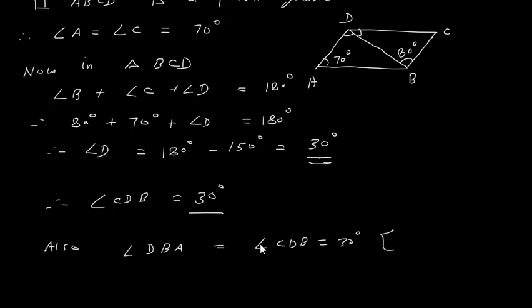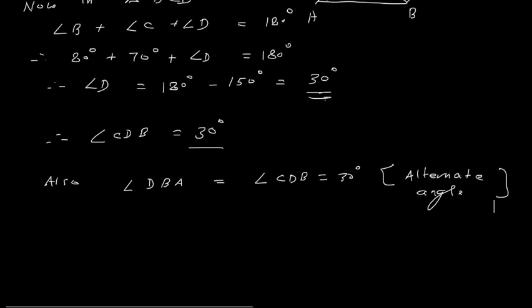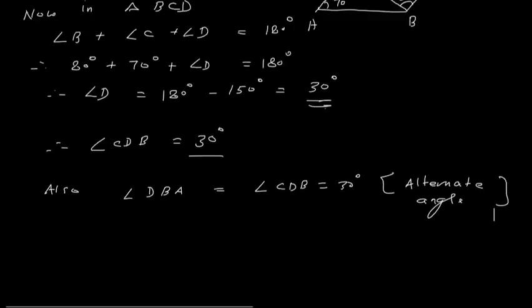Now the reason for this is alternate angles. This ABCD is a parallelogram, so AB is parallel to DC and alternate angles are equal. So therefore this angle is 30 degrees.